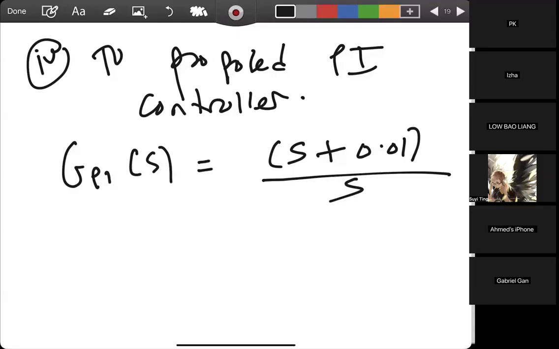Okay. So that is our PI controller as Anis proposed.